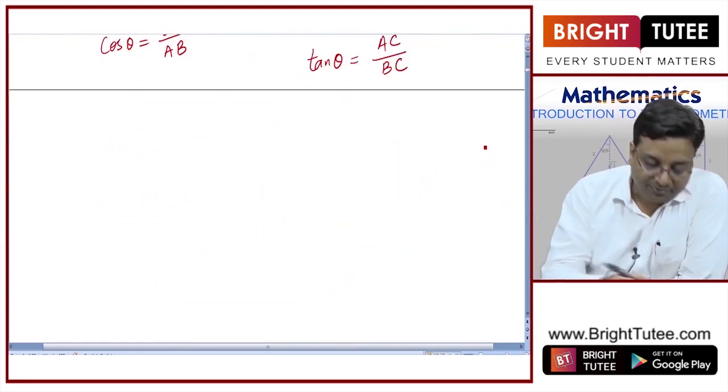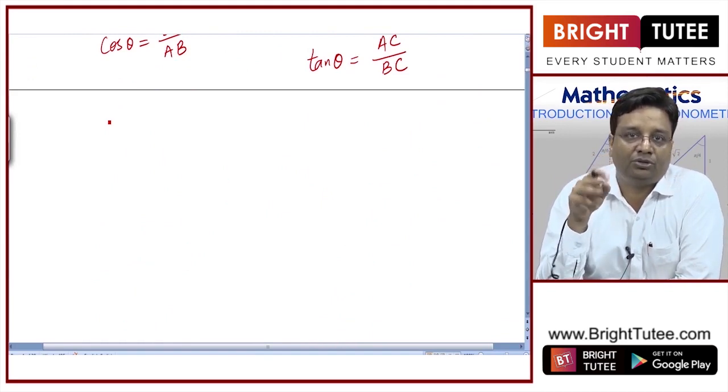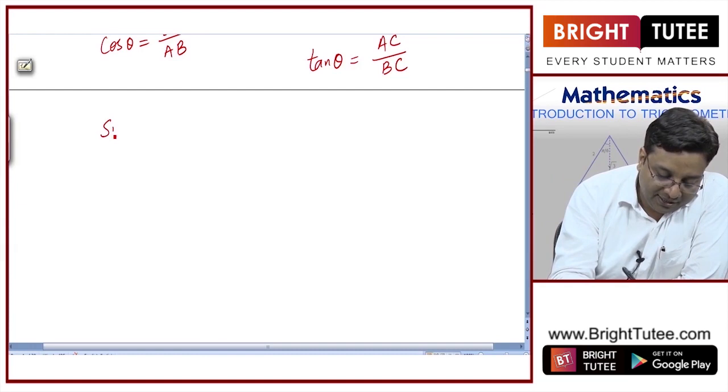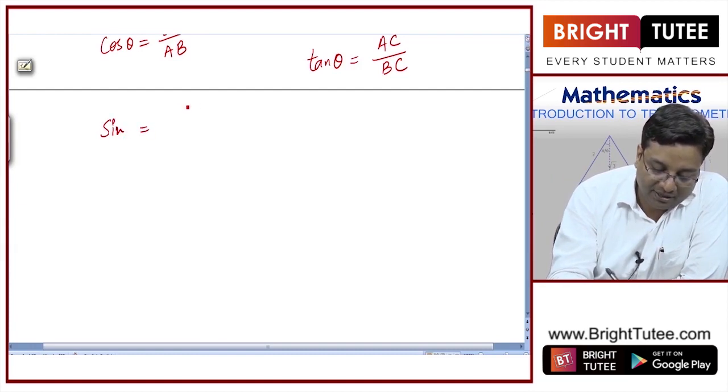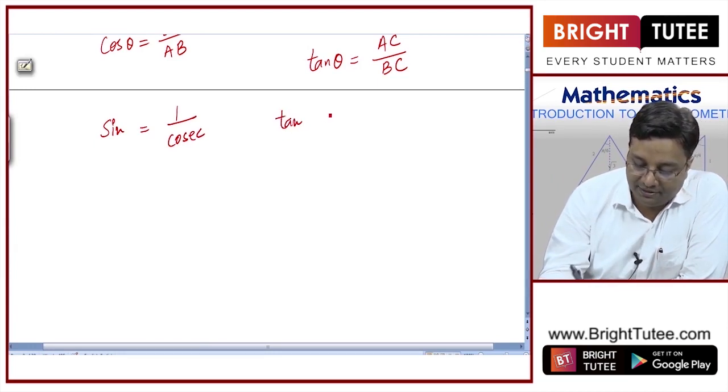And another thing, for the remaining three ratios you don't have to do anything, because sine is nothing but the reciprocal of cosecant. Tan is reciprocal of cot.